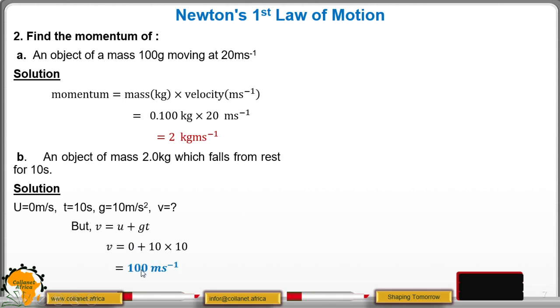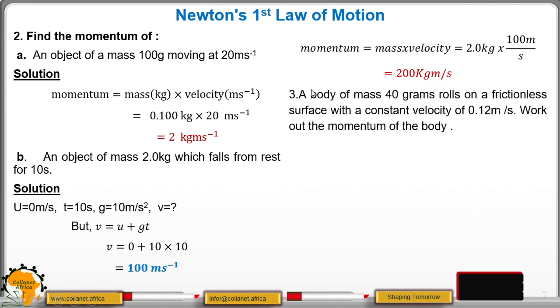When you multiply, you get that the velocity v is 100 meters per second. Now you have the velocity and you have the mass, so you can get the momentum. The momentum will be given by mass times velocity, which is equal to 2 multiplied by 100. You get that it is 200 kilogram meter per second.